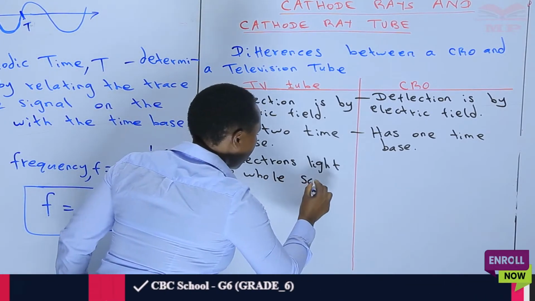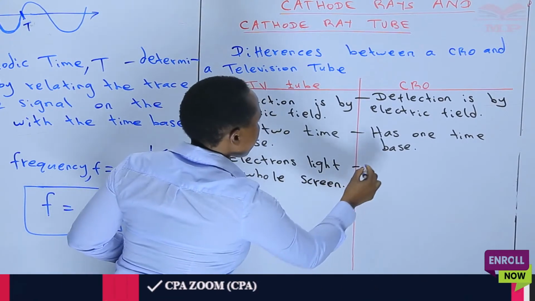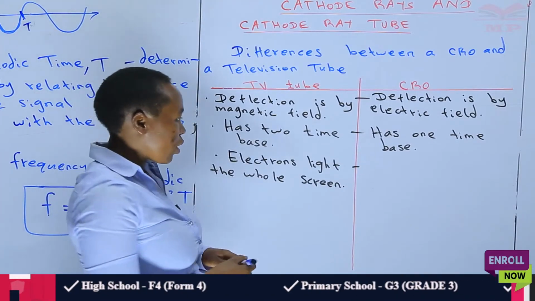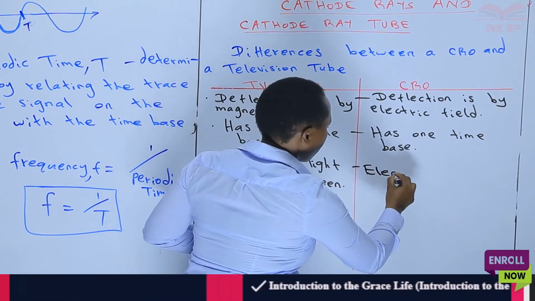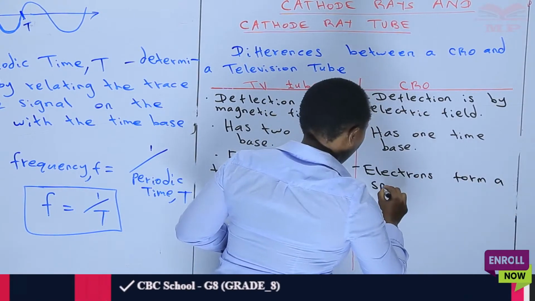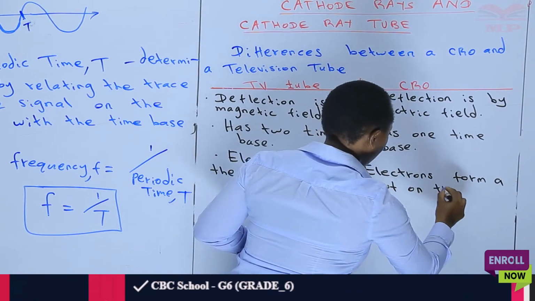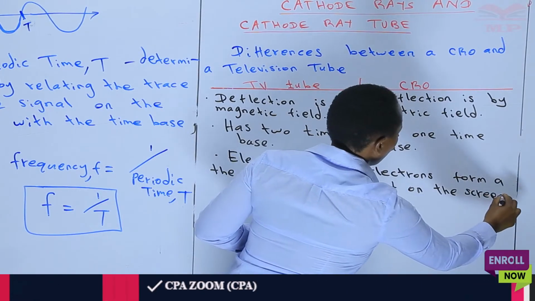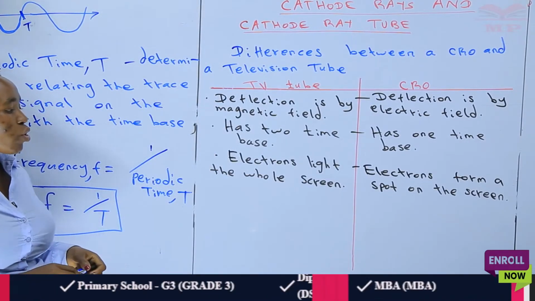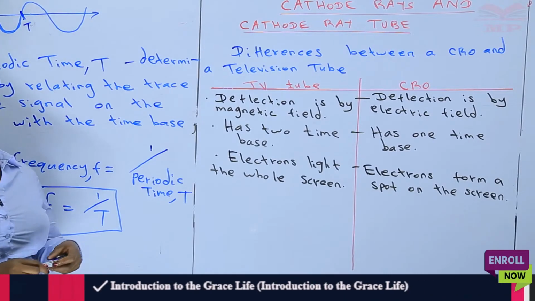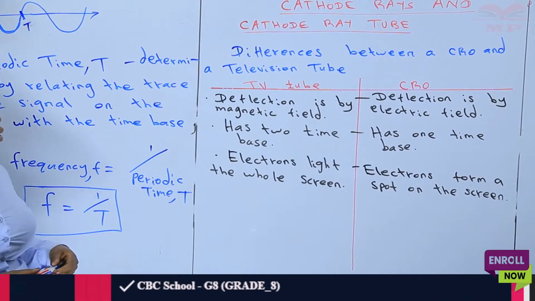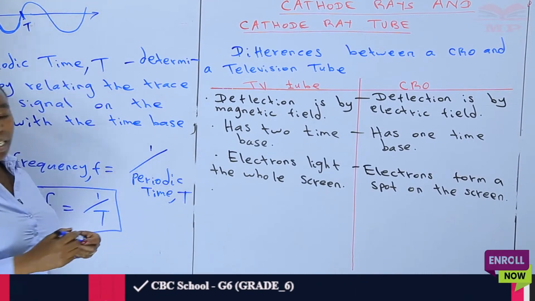Whereas in a CRO, as we said, the electrons will only form a spot on the screen. The electrons produced in a cathode ray oscilloscope will only form a spot on the screen, unlike in a TV tube where the electrons will light the whole screen.